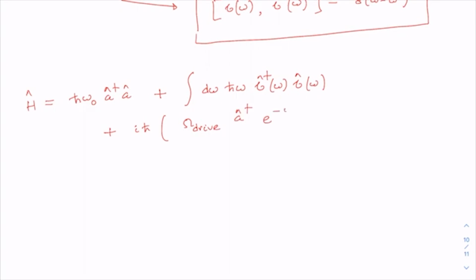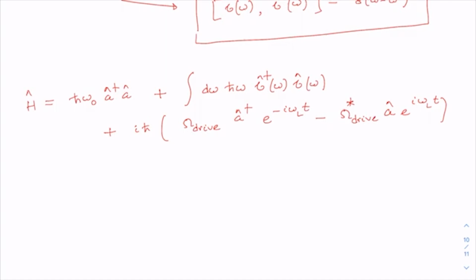So you will have a dagger e to the power minus i omega_L t minus omega drive complex conjugate a e to the power i omega_L t.